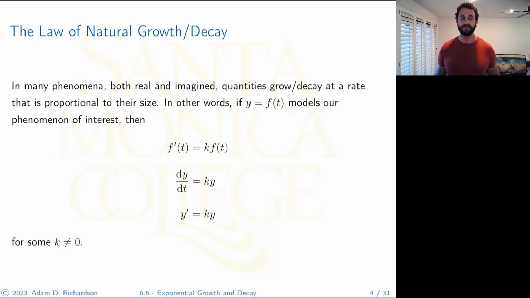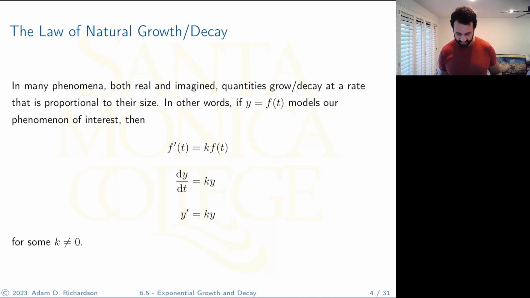So what's the law of natural growth and decay? In a lot of phenomena, both real and imagined, quantities will grow or decay at a rate that is proportional to their size. In other words, if you've got a function that models your phenomenon of interest, it's pretty common for the rate of change of that model to be proportional to the output of that model at that moment.